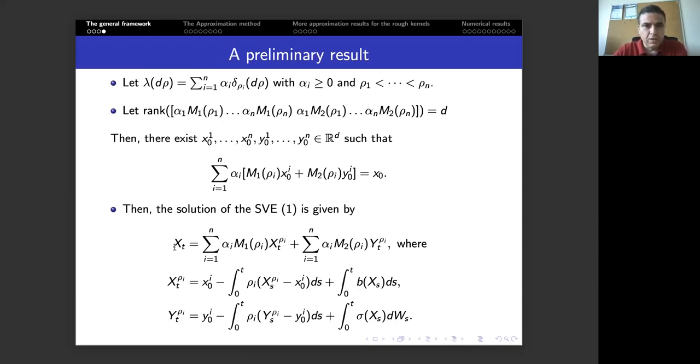So this is a very important remark: if you consider the original stochastic Volterra equation, and if you replace lambda by a discrete sum of Dirac weights, then you end up with a Markov system of stochastic differential equations.